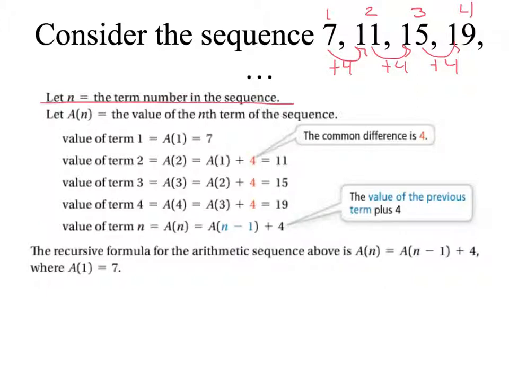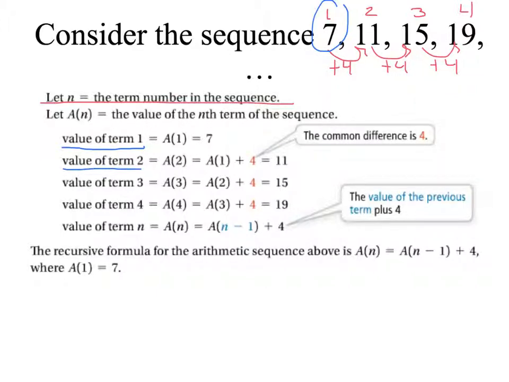Okay, but you need a variable if you're going to have a function. So then we have a of n. A of n is the value of the nth term in the sequence. So if we want the value of the first term, that would be 7. Okay, so right here, value of term 1, which we're going to represent as A1, that's going to equal 7.